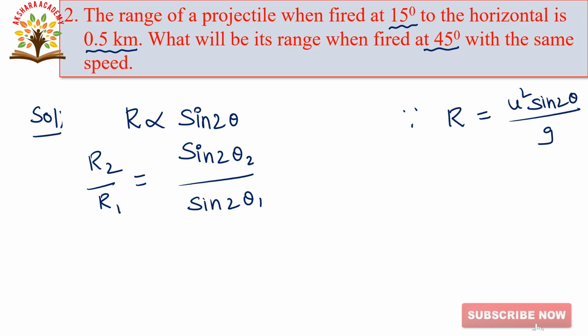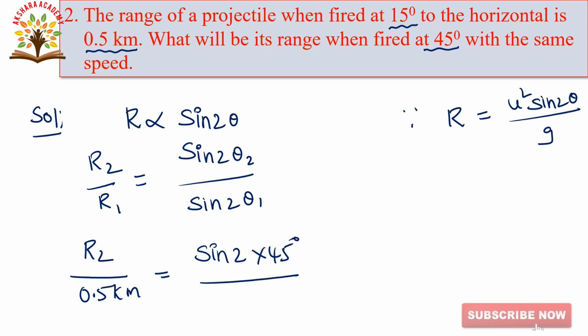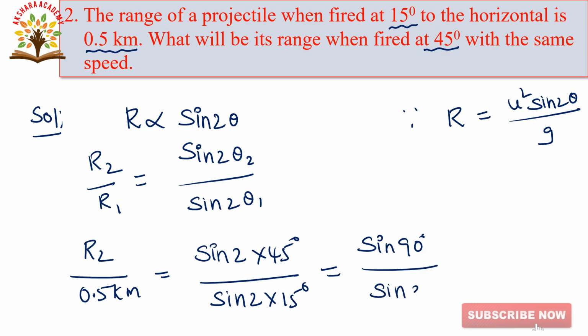So substituting values, R1 they have given 0.5 kilometer, and theta 1 and theta 2 are here. Substituting sine 2 theta 2, nothing but 45 degrees, and sine 2 theta 1, 15 degrees. So that is equal to sine 2 into 45, sine 90, by sine 2 into 15, sine 30.